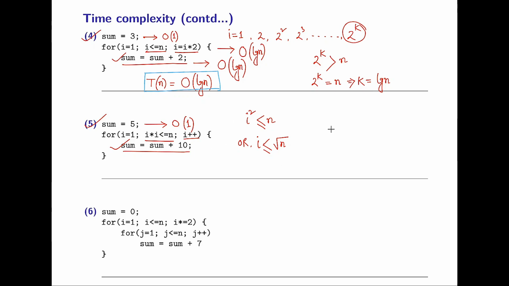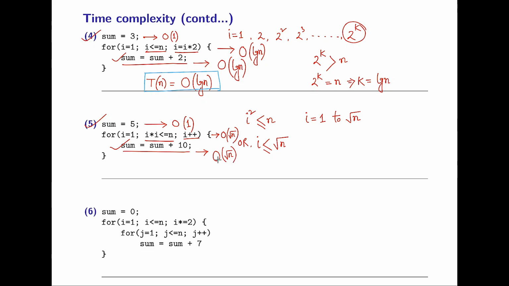So here you see, i is running from 1 to square root of n. This loop is going to run for big O of square root of n times, right? So if this loop is going to run for big O of square root of n times, this statement is also going to run for big O of square root of n times.